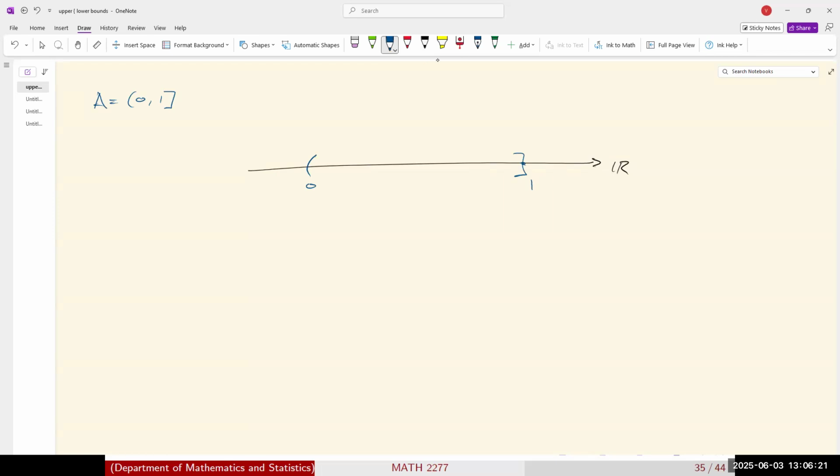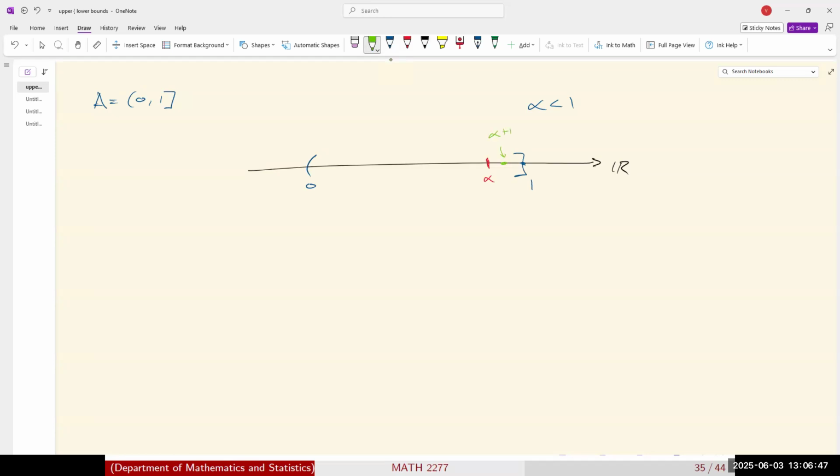So 1 is over here and alpha is strictly less than 1, right? So alpha is over here. I'm going to generate an element in between. So an element in between here is what?